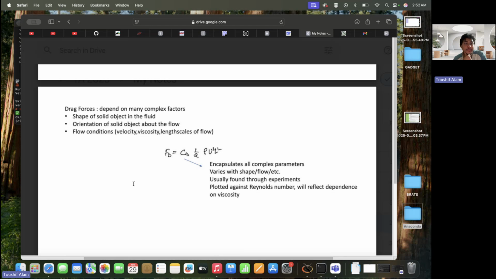So FD is CD times half of rho v square L square.